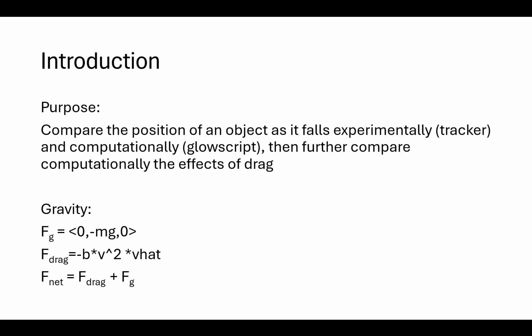So, some key concepts about this. For this lab, we must keep in mind gravity, which is negative mg in the y direction, and drag, which is negative v times velocity squared times v hat. Combined, that will be our total net force.